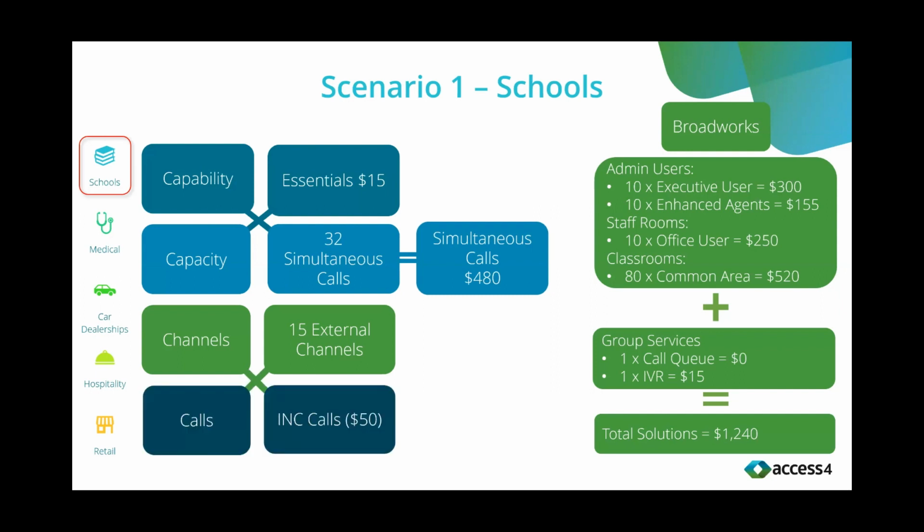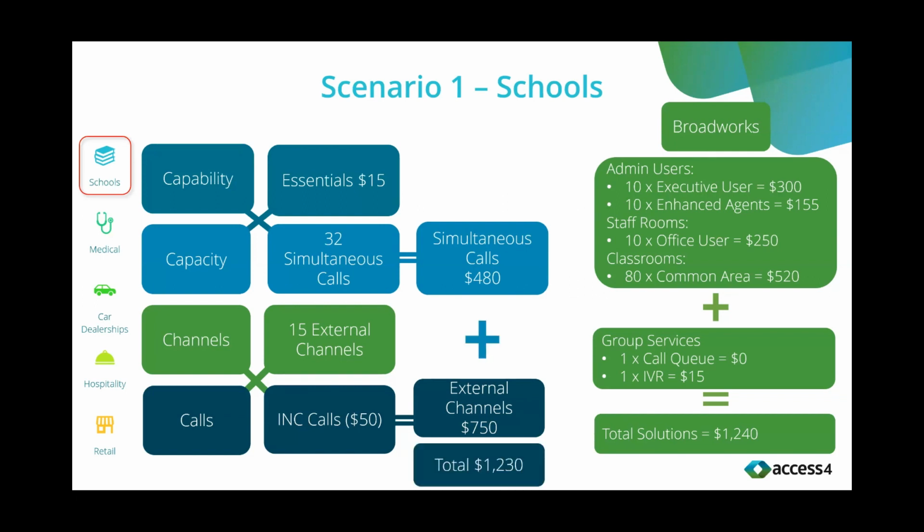However, we have done an included calls model with this. Because schools do make quite a number of calls out, and they do like having a fairly steady phone bill, it's $750 for their external calls, the more expensive part of that. However, as an overall solution, they come pretty close on a pricing model.